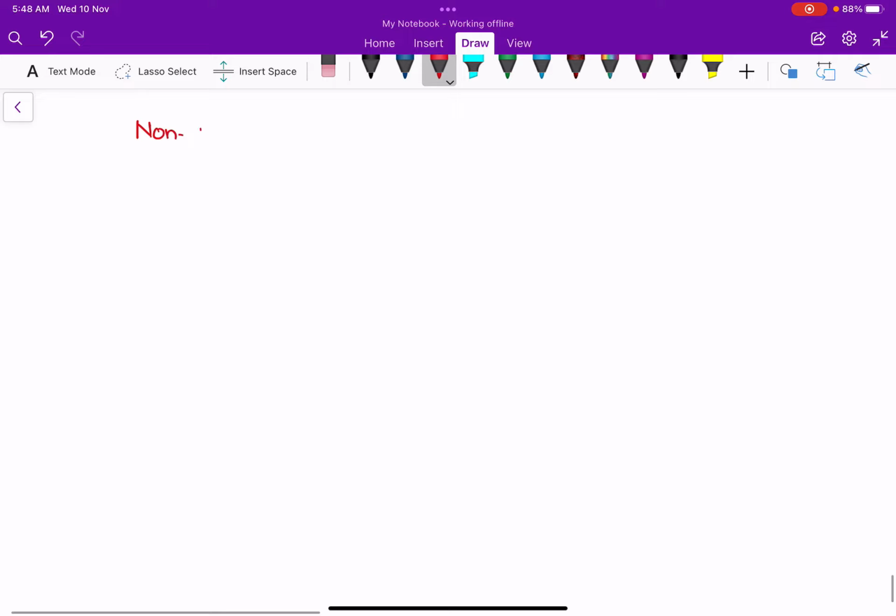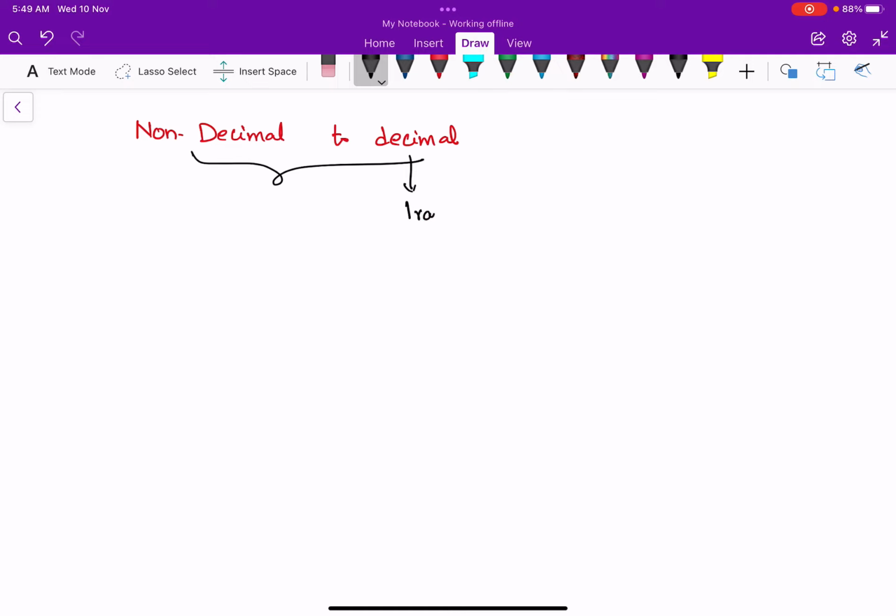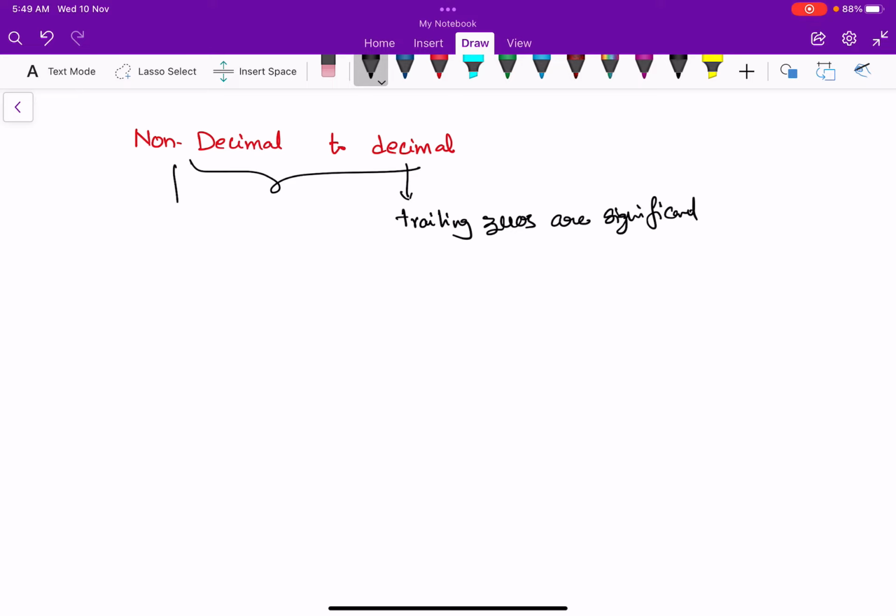In decimal, trailing zeros are significant, right?